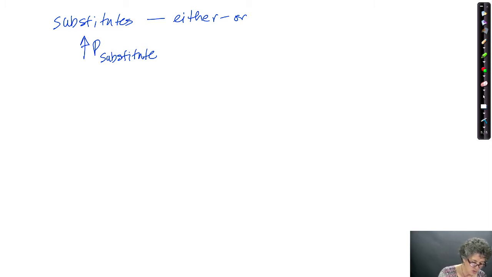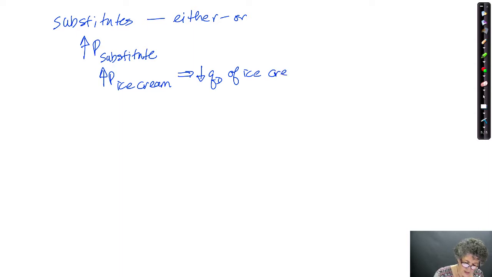So if there's an increase in the price of ice cream, then an increase in the price of ice cream is going to move us along that demand curve for ice cream. A higher price of ice cream is going to lead to a decrease in the quantity demanded of ice cream, and people are going to substitute the frozen yogurt. So at every possible price of frozen yogurt, there's going to be a greater quantity demanded of frozen yogurt.